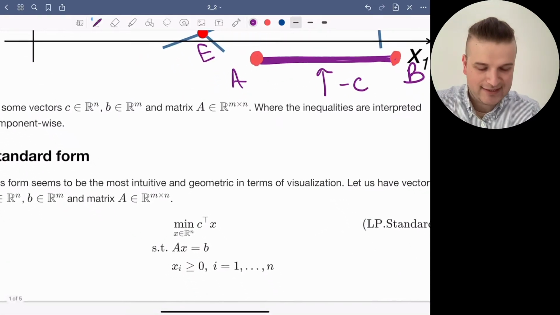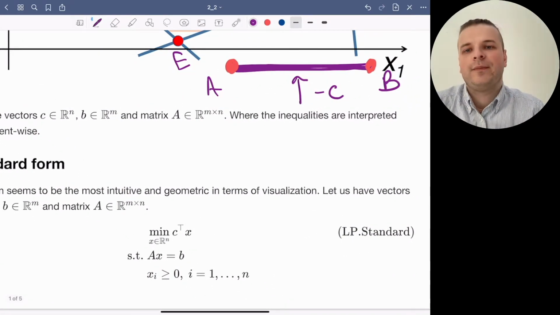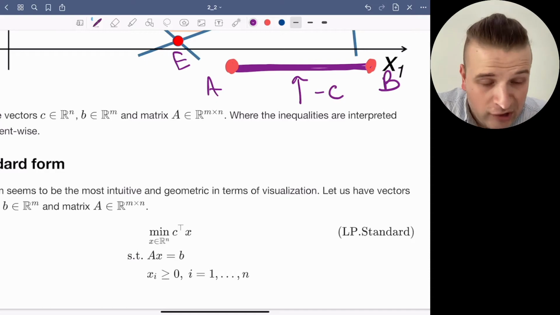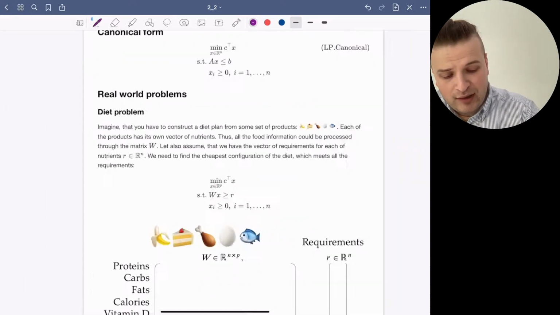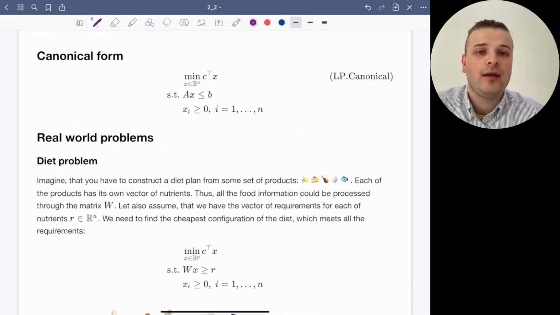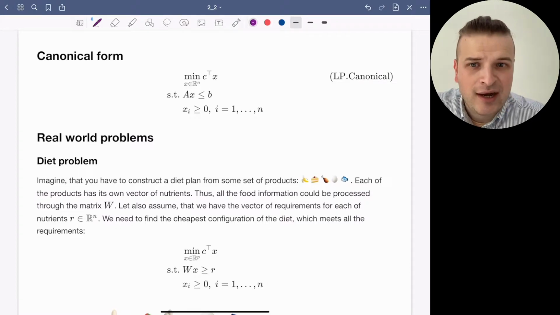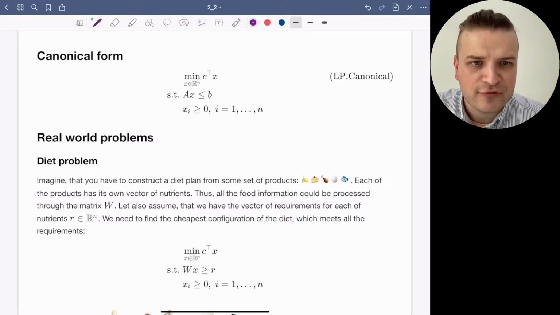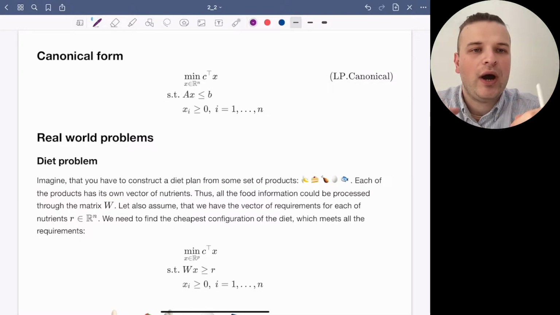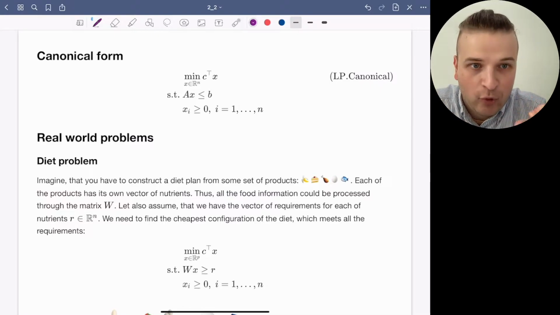So again, here is a standard form of linear programming. But actually, this notation of standard form, or for example canonical form, is useful if you're working with some kind of software which requires this exact formulation of your linear programming problem.